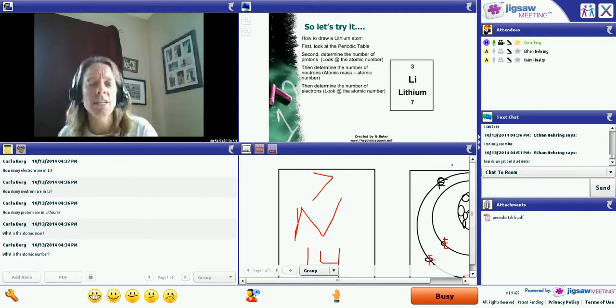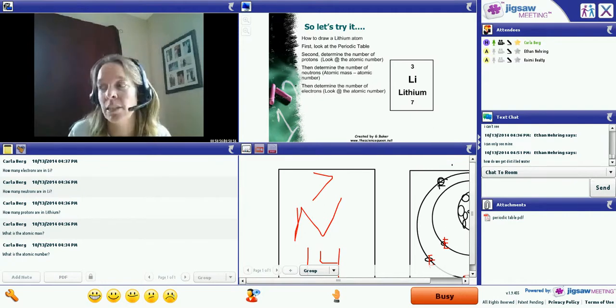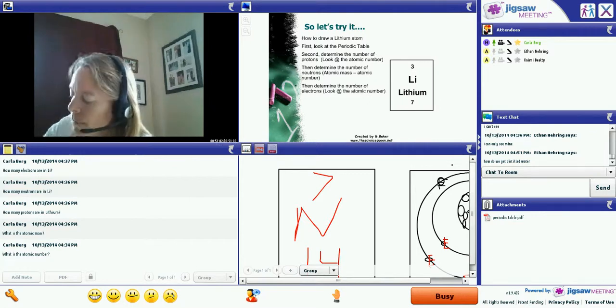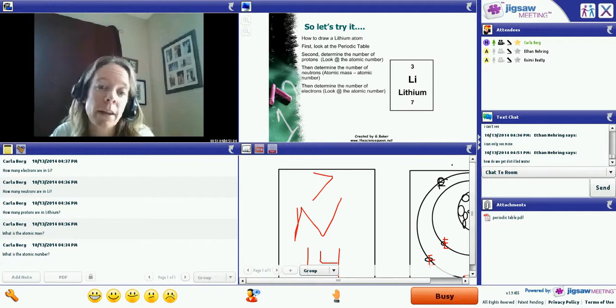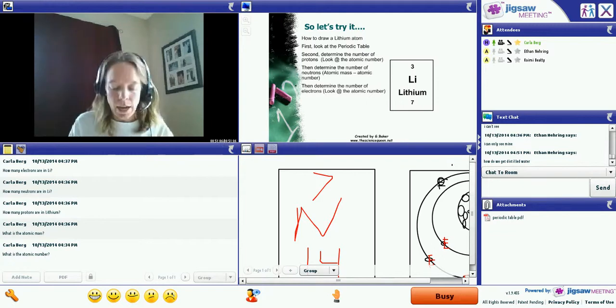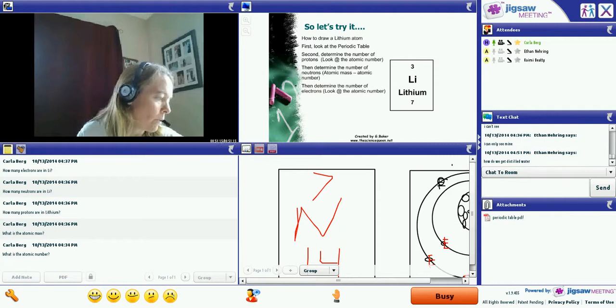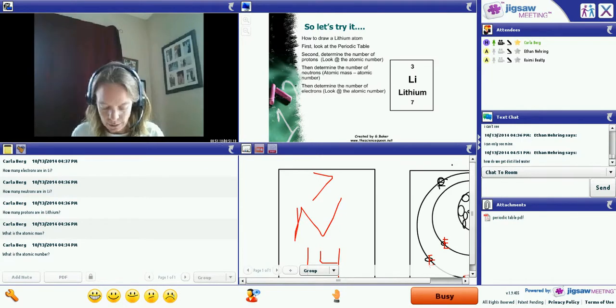Ethan, if you don't have it today, it's actually not going to be used for the lab, just to clean stuff out, so you can use regular water. But if you don't have distilled water, I would recommend that you just go buy a gallon of it from the grocery store. It should be $1.25. It's not expensive, but definitely something that you will need for some of our labs.